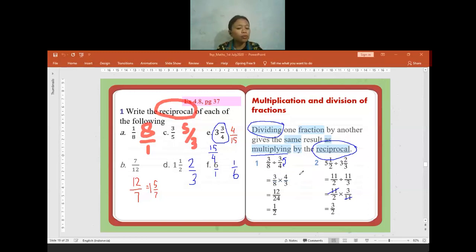So the number 3 here we can cancel out. The numbers 4 and 8 we also can cancel out. 4 divided by 4 equals 1, 8 divided by 4 equals 2. So the leftover numbers are only 1 and 2. That's why the final answer will be 1 per 2. Is it clear enough, Orfeo, or is it still confusing for you?